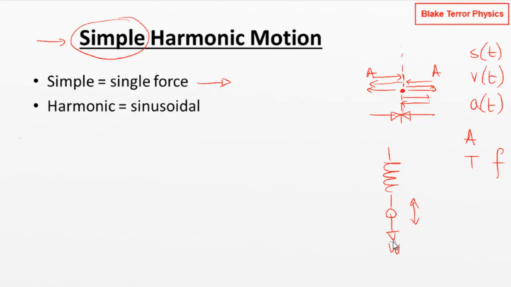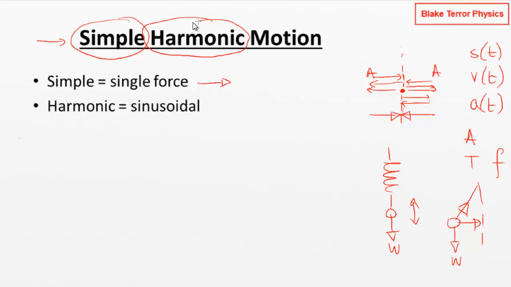So you can have more than one force at play. Same on a pendulum. Again, we've got the weight of the object at the end of the string, but it's the component of the tension in the string which is restoring the object back to the equilibrium position. So it's not to say we've only ever got force diagrams with a single arrow on. That's not the case, but one force is driving the oscillation. That's the single force that's acting. So that's the simple part of it.